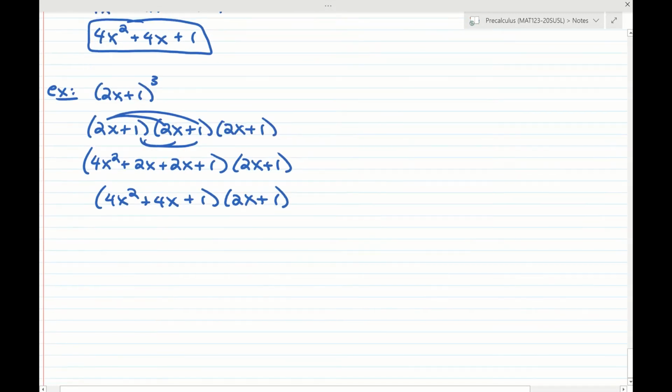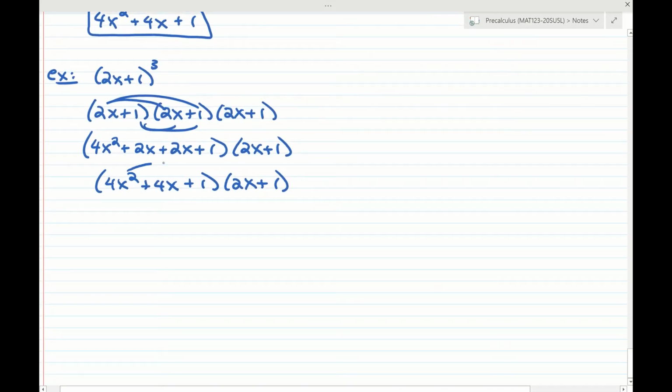We'll have to do the same thing now. Let's multiply the first term times everything in the second group. 4x squared times 2x is 8x to the third, plus 4x squared. 4x times 2x is 8x squared, plus 4x. And now we have this last term to distribute into that second group.